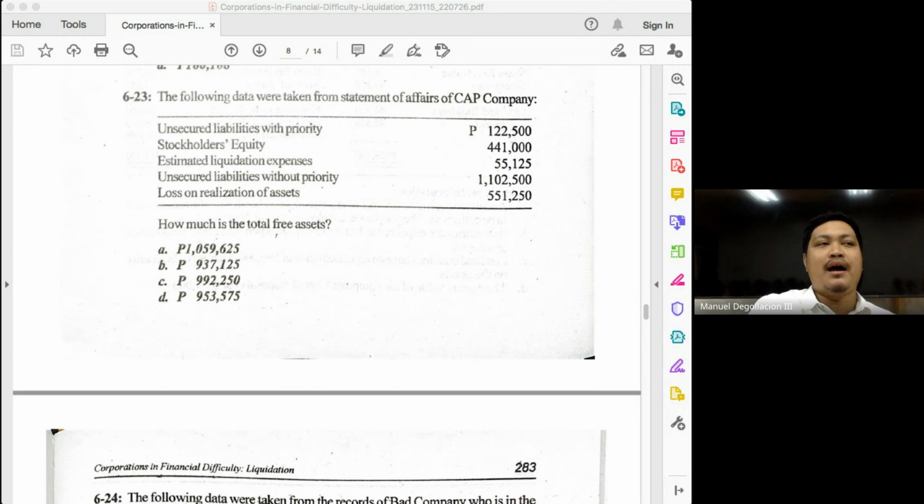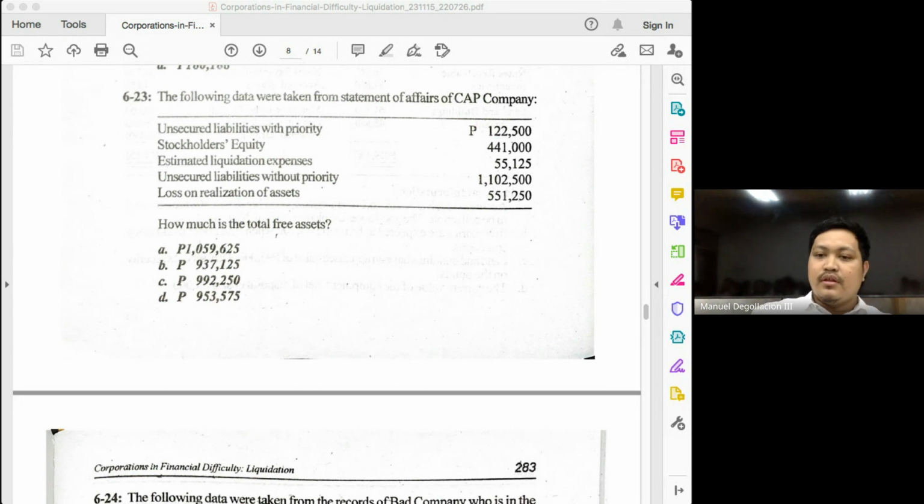We have to add back the unsecured liabilities with priority. You add back the 122,500. That is basically your free assets. How much will that give us? 1,059,625.